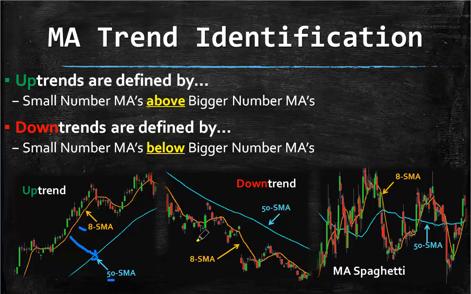And for downtrends, when you have small number MAs, like the 8, below the 50 SMA, so bigger numbers, that's when you have downtrends. That's the concept. That's what you want your filters to be telling you: where are these smaller number MAs greater than the bigger number SMAs? That's the whole point of those filters. And it's a great way to just quickly find, I want uptrending stocks or I want downtrending stocks. That's a great way to do it very fast.